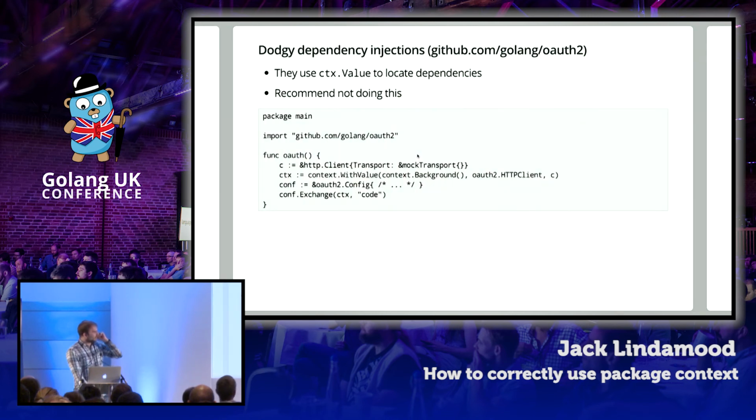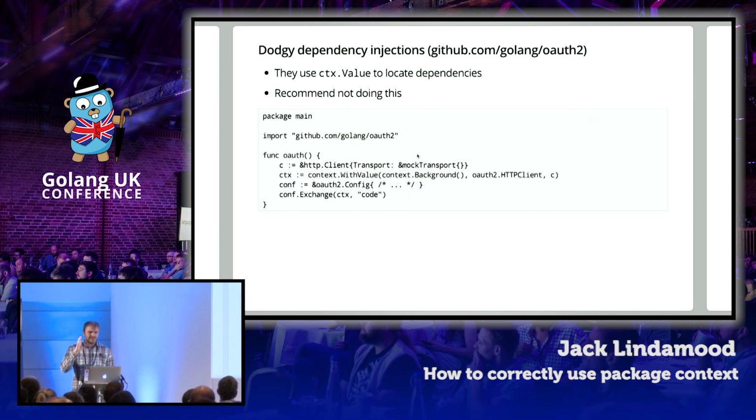This is another really weird example of context.value. OAuth 2 uses context.value for dependency injection during testing, I think. I'd never actually seen this before, so I would advise against doing it.